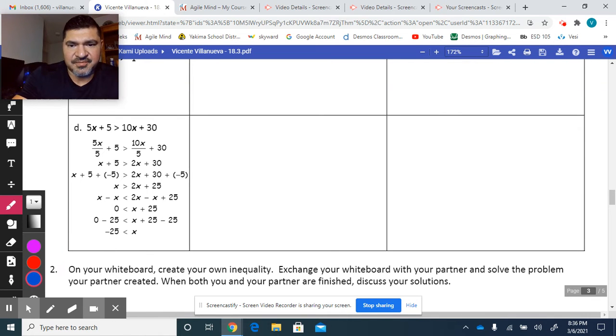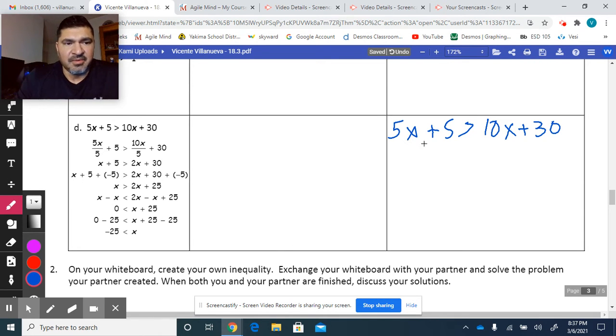So we've got 5x plus 5 is greater than 10x plus 30. All right, so let's go ahead and take a look at this. Just like our last problem, we should be looking at the variables. Okay, I have a 5x here and a 10x. And we're going to move the smaller one.